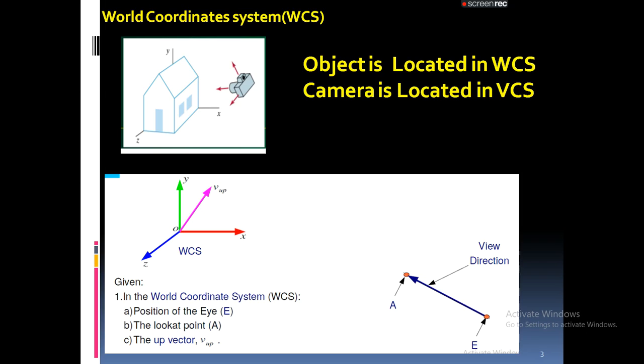With respect to coding, I need to define all these parameters. So here we are actually implementing a synthetic camera. Our object is there, we capture that object using the synthetic camera, and once you capture that image, we display the captured image on the monitor screen. This is nothing but our three-dimensional viewing concept. We'll move to the next slide.